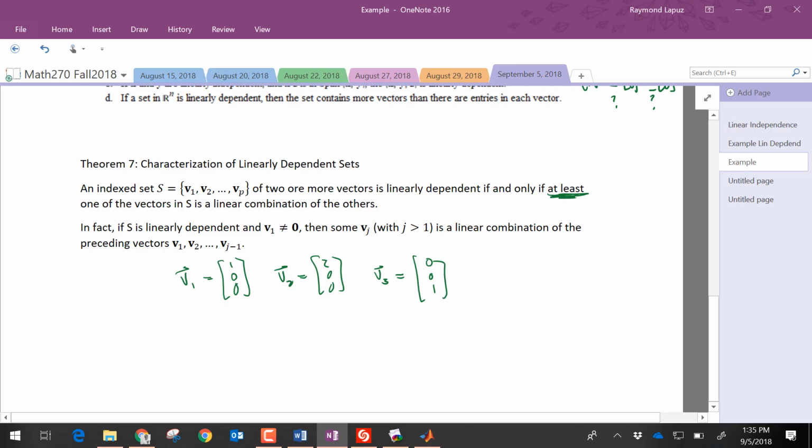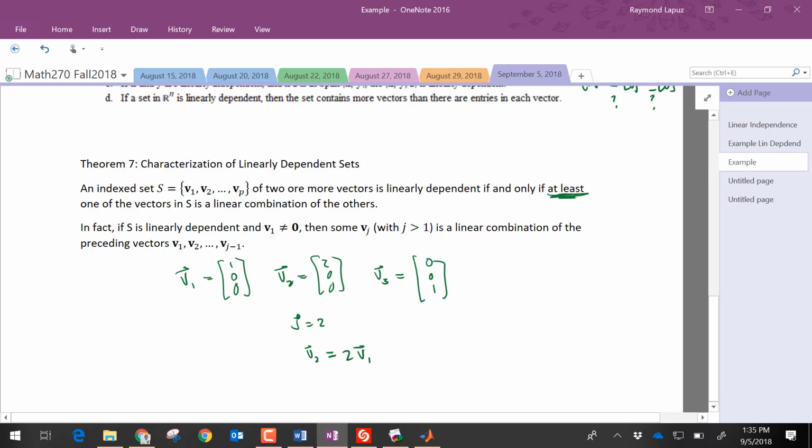So in this example, if we take a look at this, this is saying if it's linearly dependent, then if v1 is not equal to 0, then some vj, let's say j is equal to 2, where j is bigger than 1, is a linear combination of the preceding vectors. So v2 is equal to 2 times v1.